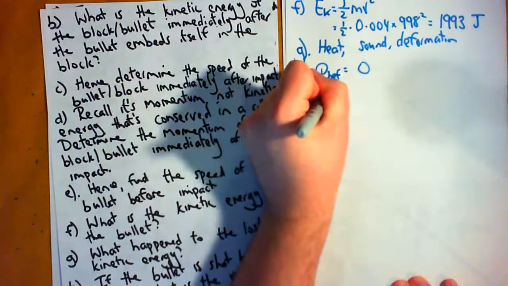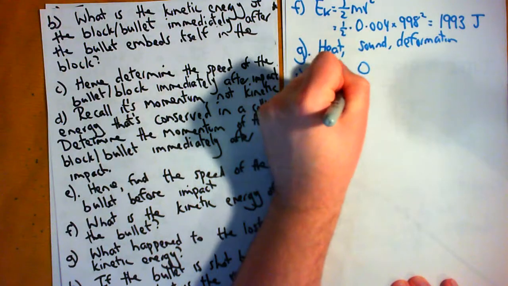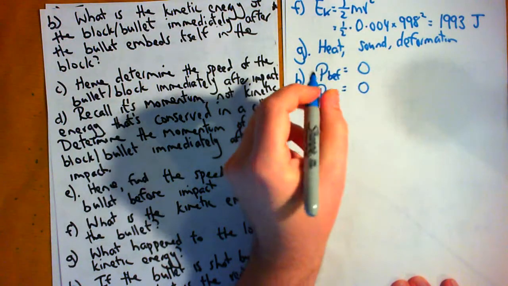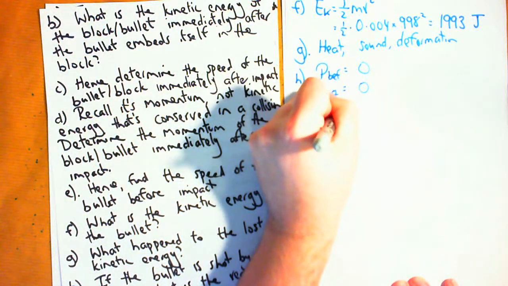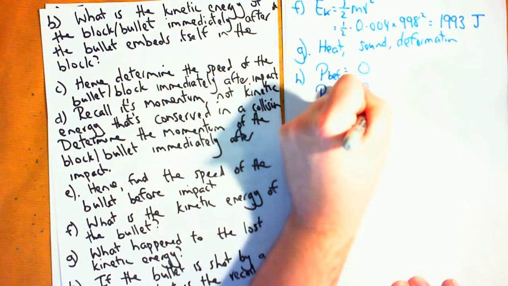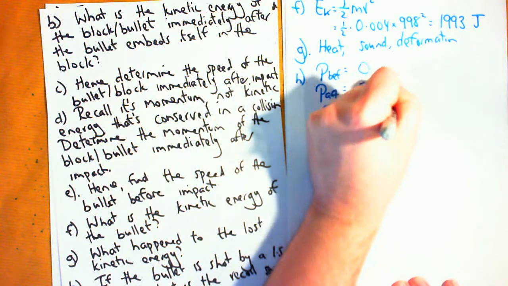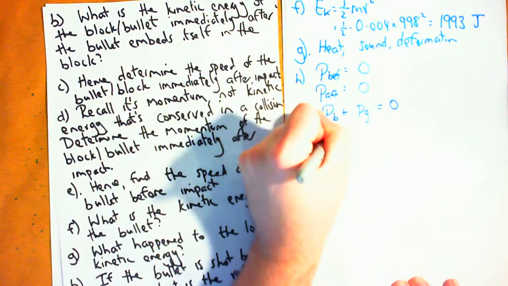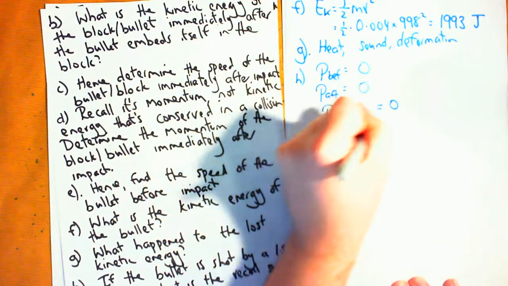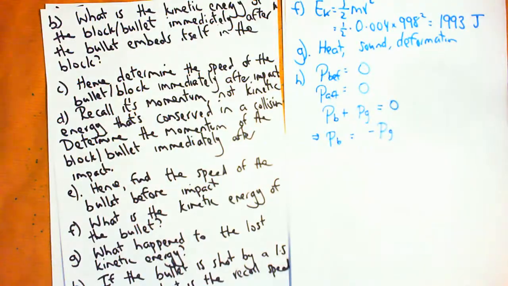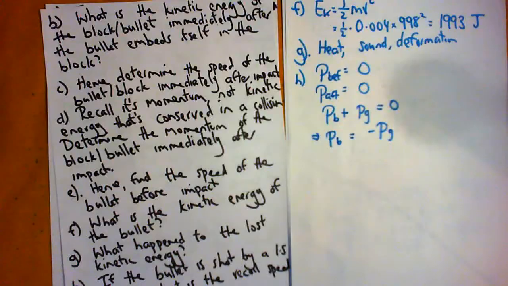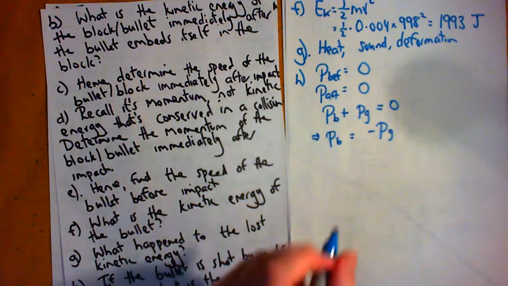It would also have to be 0 by conservation of momentum. So therefore, the momentum of the bullet plus the momentum of the gun must be 0, and therefore the momentum of the bullet must be negative the momentum of the gun. So the momenta must be the same in size, but opposite in direction to make the sum 0.